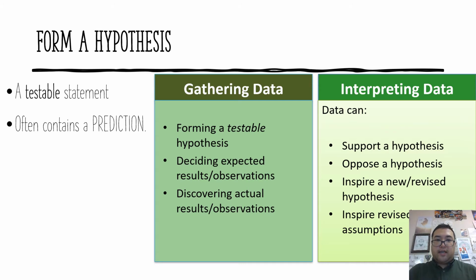So either yes, sunlight does improve or lengthen the stems of the plants, or no, it does not. So we need to be able to gather data in order to support the hypothesis or oppose it, or even maybe, if we want to test it again, revise the hypothesis.